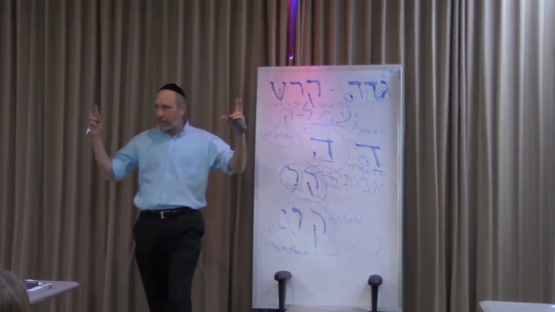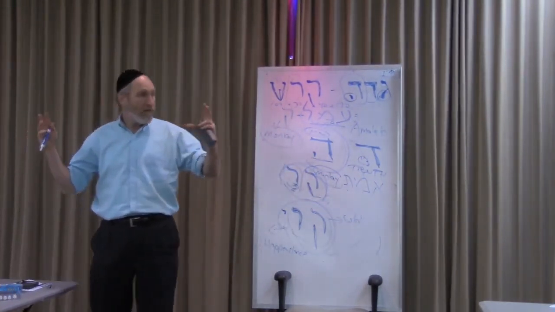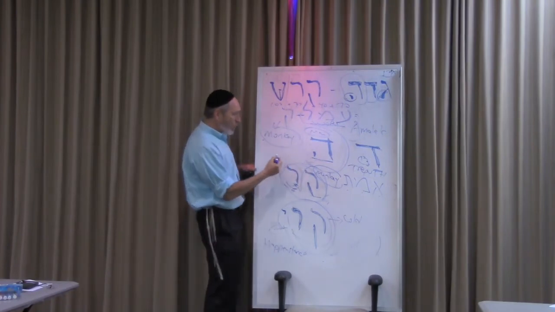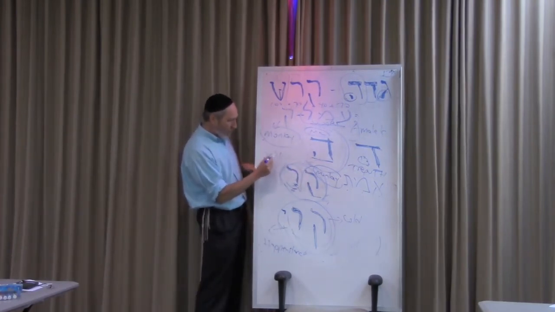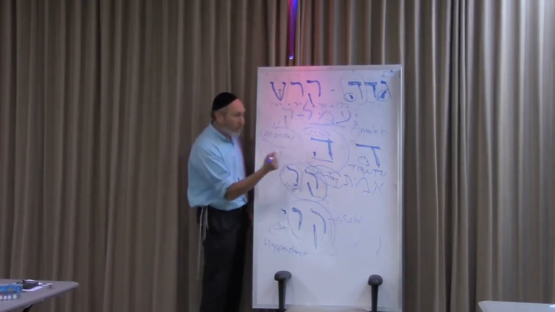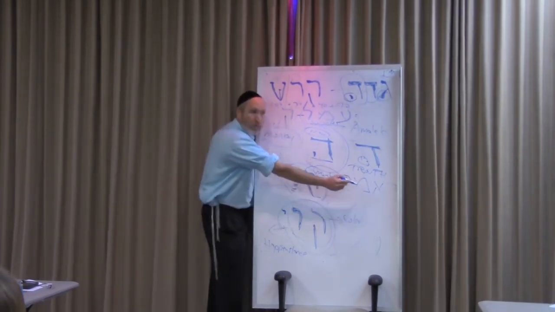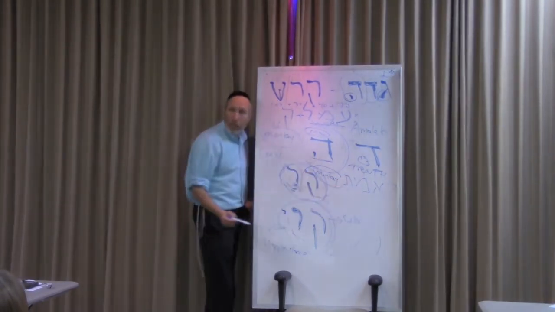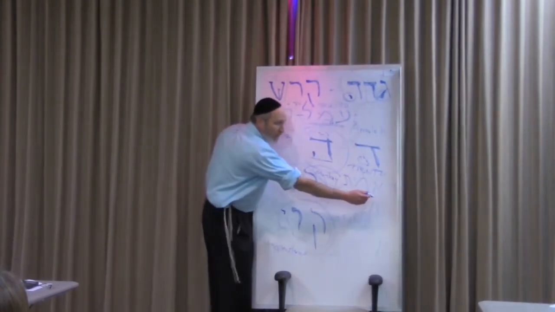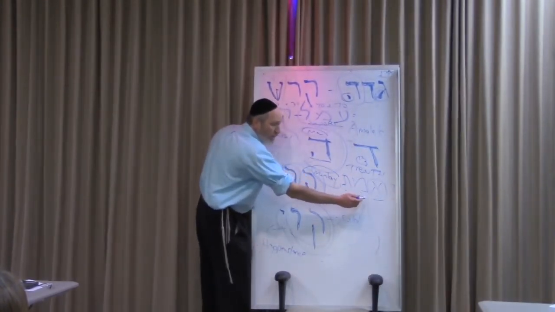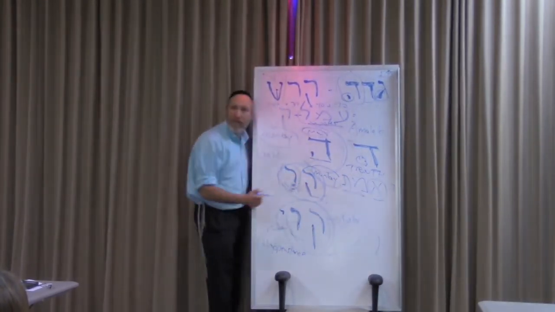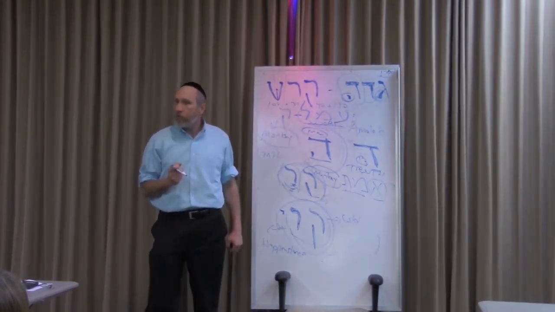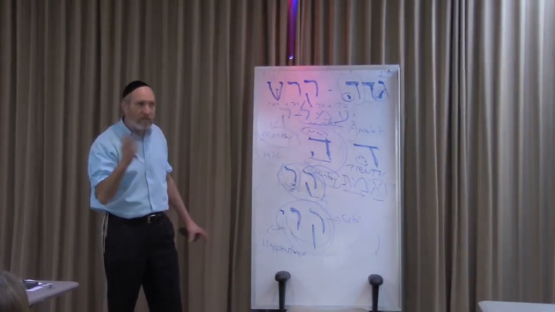If you count with the final letters, there's 27. And 13, we said the numerical value of God is 1, echad. We know why? Because there's one truth in the world. This is truth, emet. We said if you take away the little aleph that has no sound, what are you left with? Dead. If you play around with truth and you take away one little bit of it, it's death. It's no good.